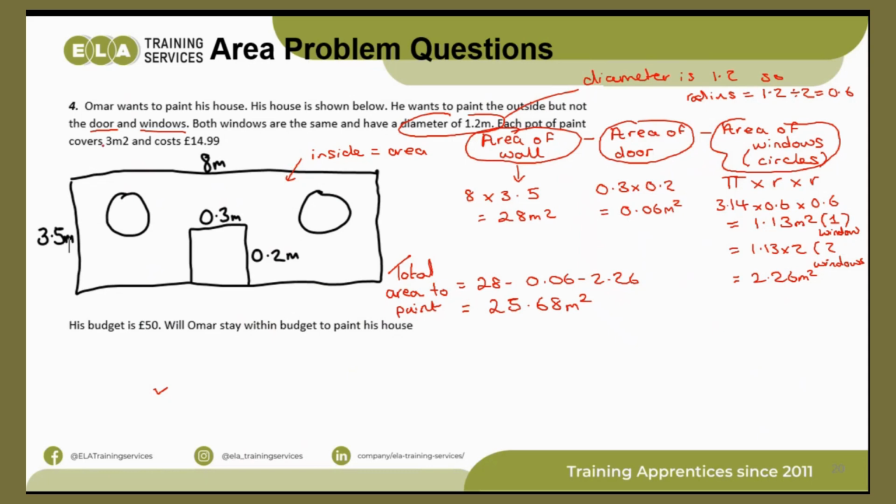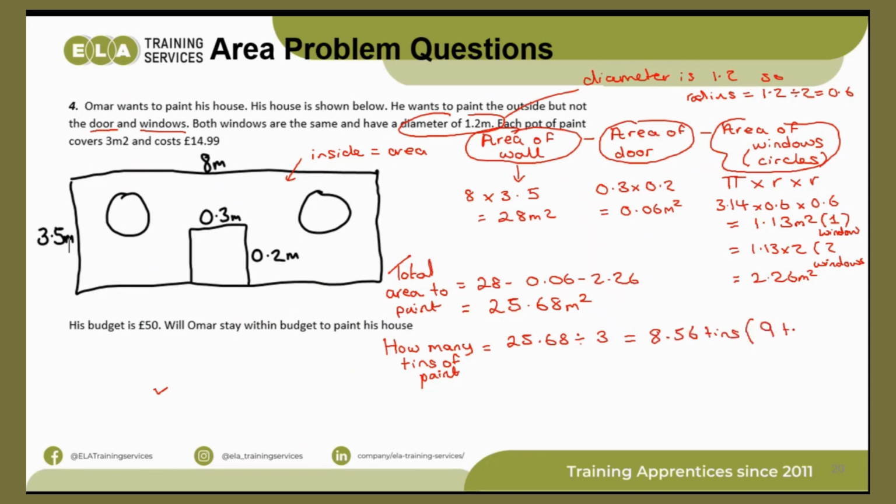Okay, now we need to work out how many tins of paint. We know one tin covers 3 meters squared, so we need to go back to our area problem question method. To work out how many tins of paint, we do the area of the object divided by the area that it can cover. So here, 25.68 divided by 3 meters squared is 8.56 tins, which we know we can't get.